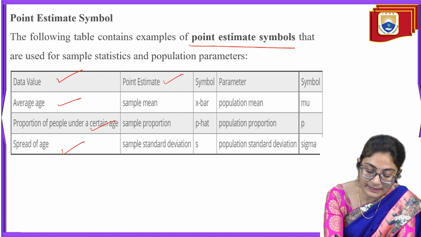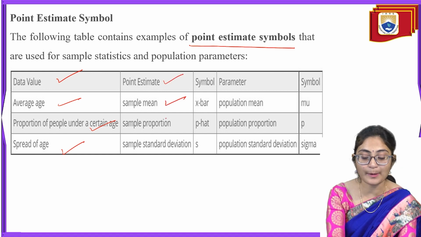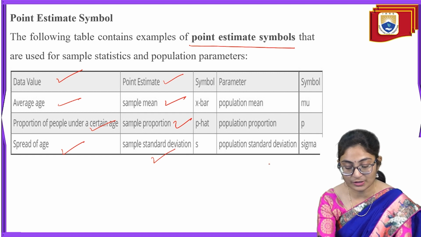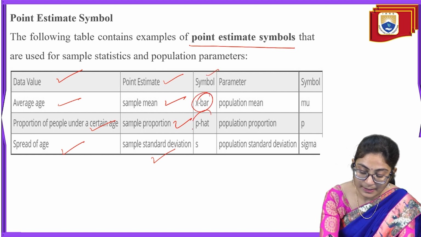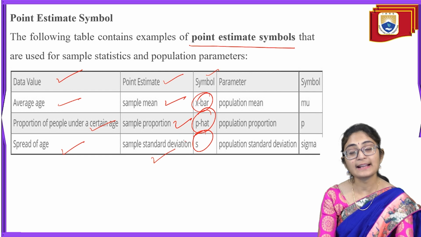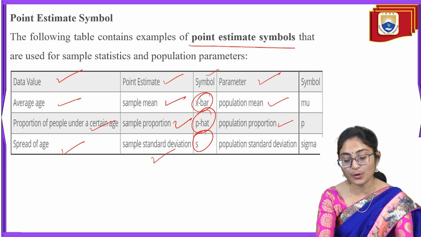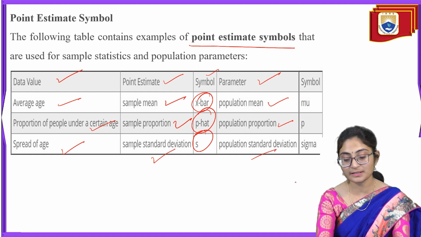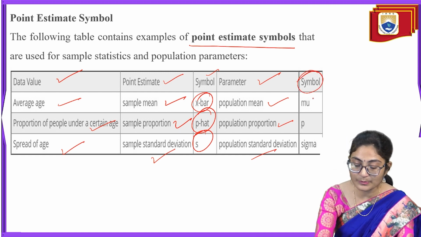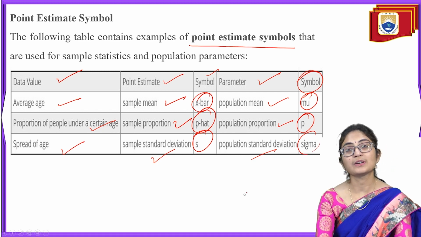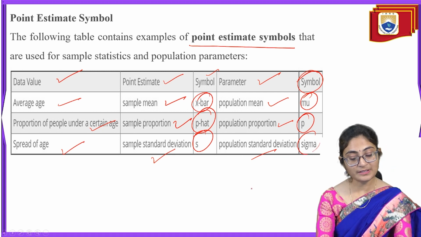For the point estimate, we find the sample mean, sample proportion and sample standard deviation, with symbols X bar, P hat, and S. For the parameters, we use population mean, population proportion, and population standard deviation, with symbols mu, P, and sigma. These are your point estimate symbols.